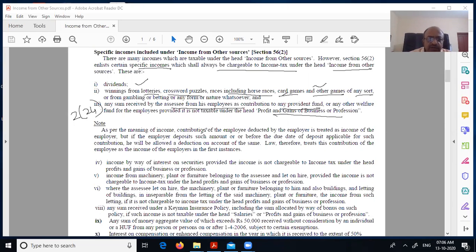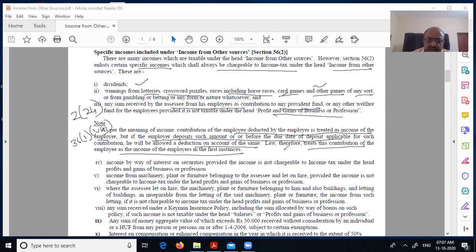As per the meaning of income, the contribution of the employee deducted by the employer is treated as income of the employer. But if the employer deposits such amount on or before the due date applicable for such contribution, he will be allowed a deduction of the same. The parallel provision we have already seen, 36(1)(va). Law therefore treats the employee's contribution as income of the employer in the first instance.